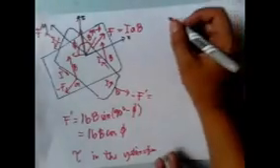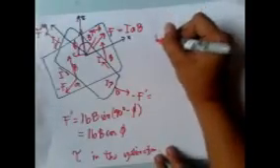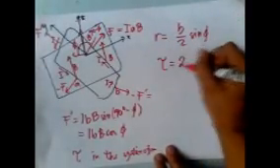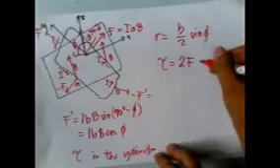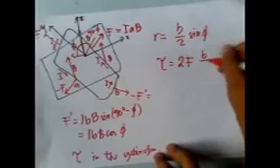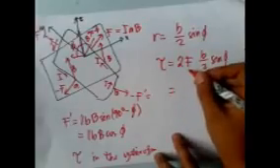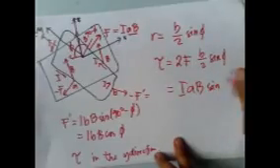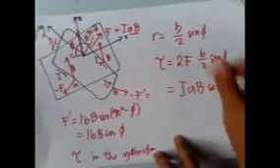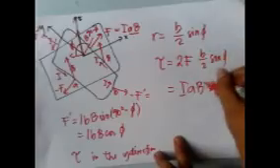The moment arm for each of these forces is equal to b over 2 sine phi. So the net torque from these forces is 2F times r, which is b over 2 sine phi, where F is IaB. The 2 cancels, leaving sine phi, and we also have b.